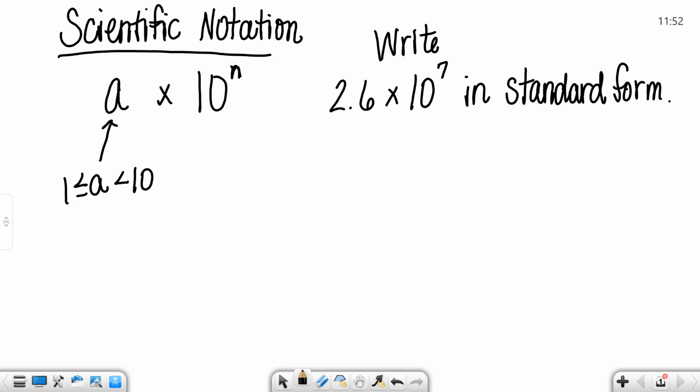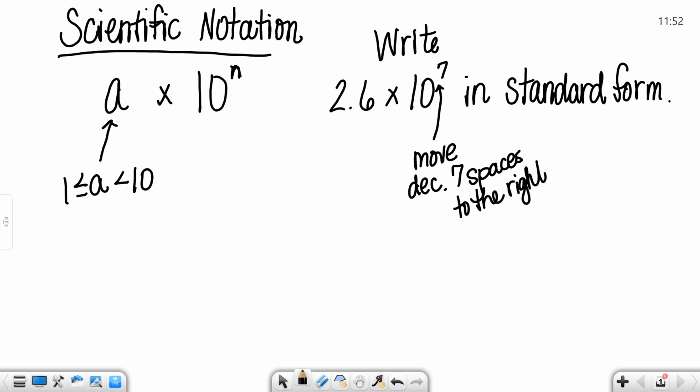So that 10 to the 7th, that means we are going to move the decimal 7 spaces to the right. Now, we chose to go to the right because 7 is a positive number. All right, so we're moving the decimal 7 spaces to the right. Currently, my decimal is sitting right here.